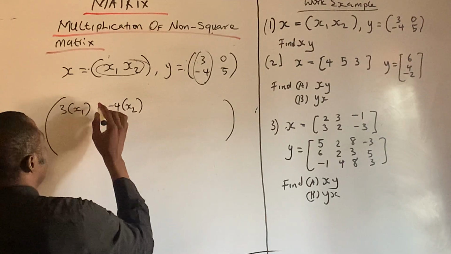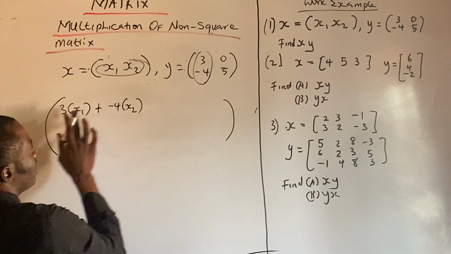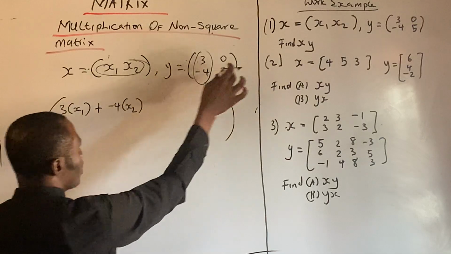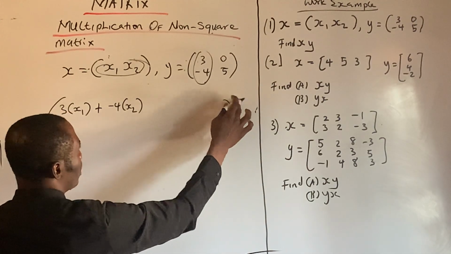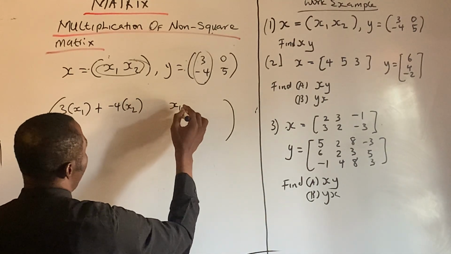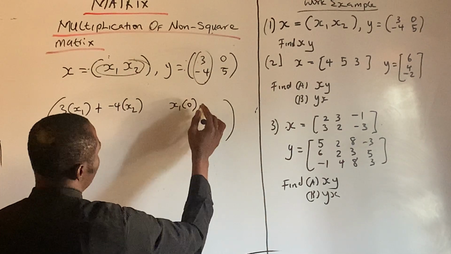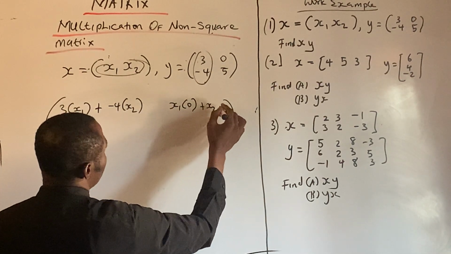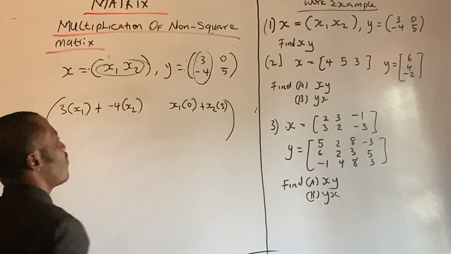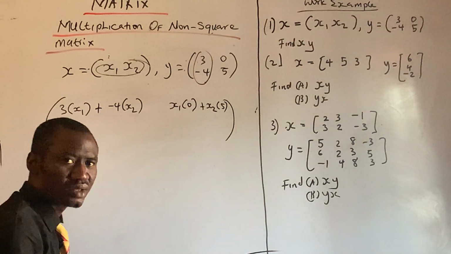Remember, you are adding it with this one. Now we take the same row and multiply the next column. It will become x1 times 0, and then x2 times 5, or 5 times x2.